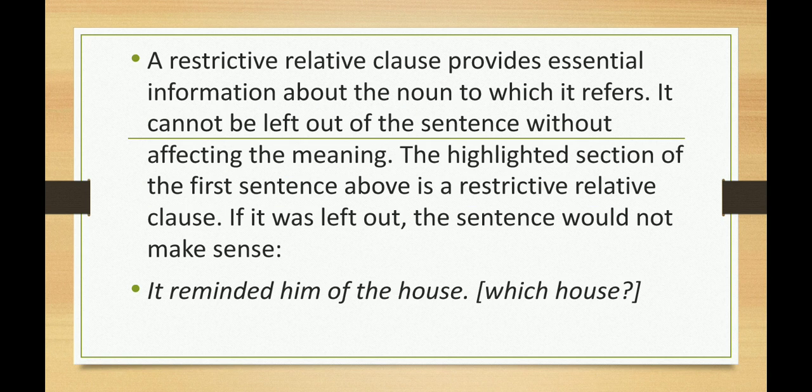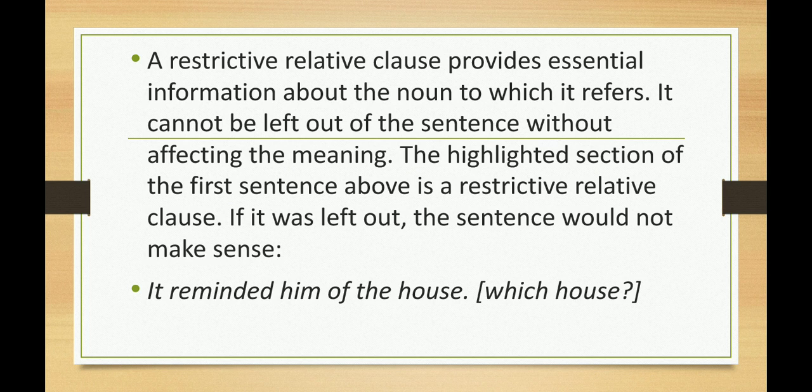It means that if it is taken out of that sentence, it will definitely affect the meaning of the sentence. Without this, the complete meaning of the sentence can't be achieved.